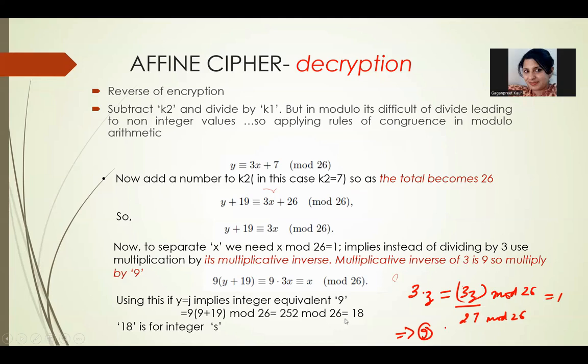When I apply mod 26 to 252, it gives me the answer 18. So the first character I get back is 18, the integer equivalent. The letter for it is s, which is correct. So s was the plain text encoded into J, and decryption gives me back J to s.